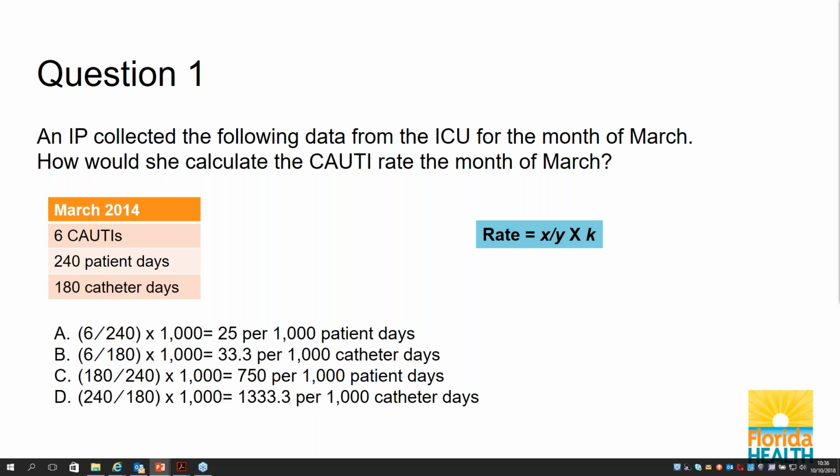We just went over what y is, right? And then k is going to be our constant. The usual value for k is going to be 1,000. So this should help to guide you in what the correct answer should be.